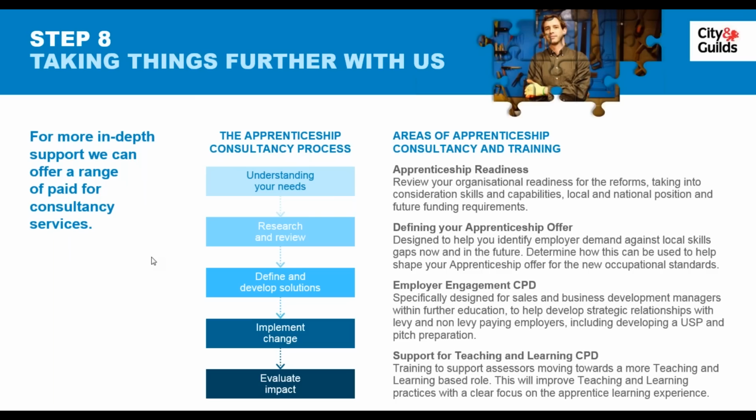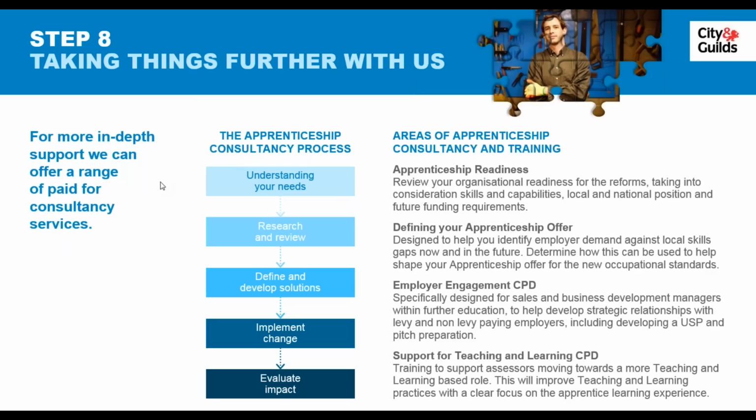We have a question from Gillian, which is any guidance on 20% off the job training? I think the only guidance for the off-the-job training is to make sure that sufficient time is given to that apprentice to do some of the off-the-job training.